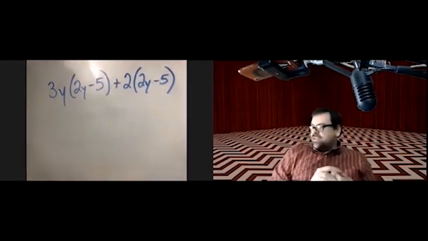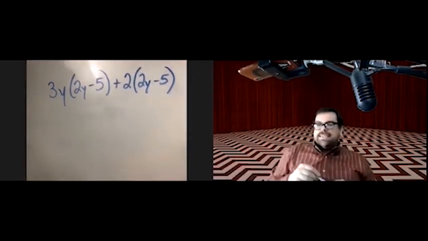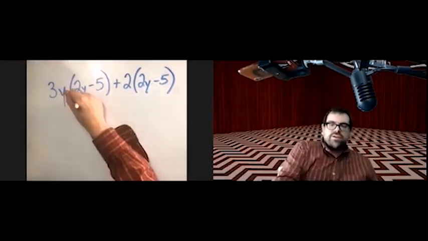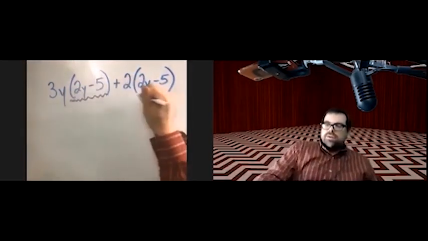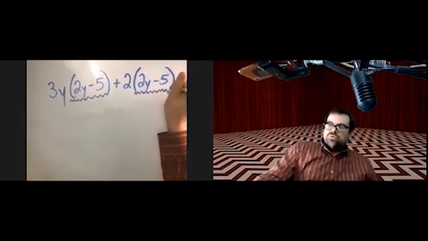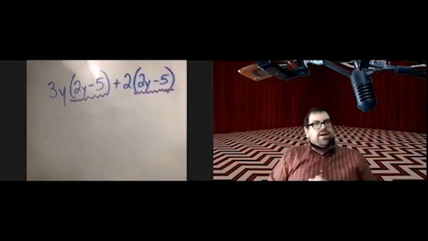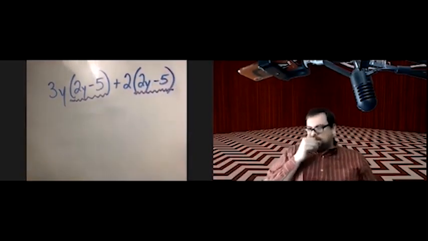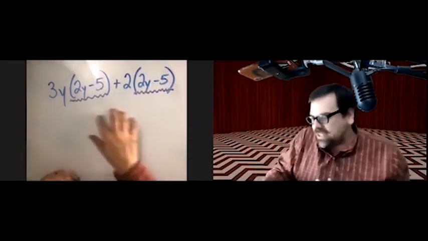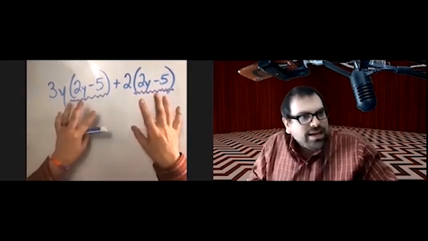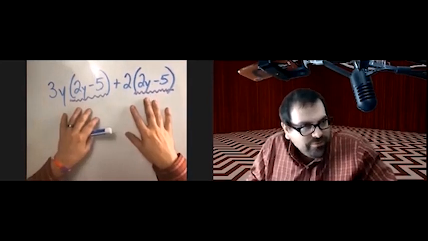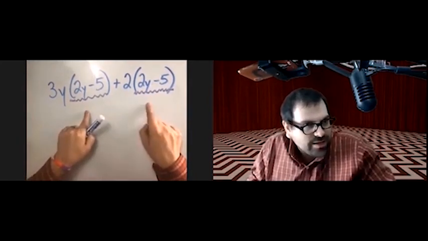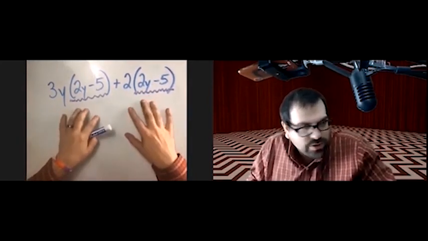What's the common factor? Well, we literally see it. The common factor here is this 2y minus 5. It is in common to both. It is literally a factor in common to both terms.